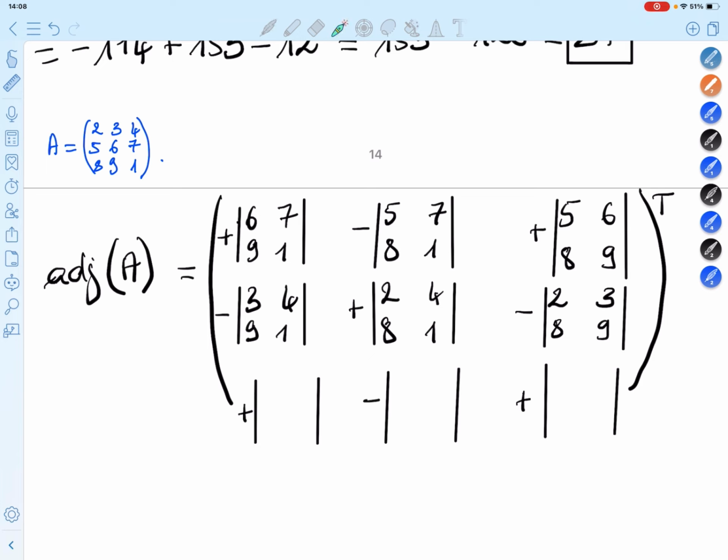Now third row, first column, we have the 8, so we hide this and this. So we're gonna be left with 3, 4, 6, 7.